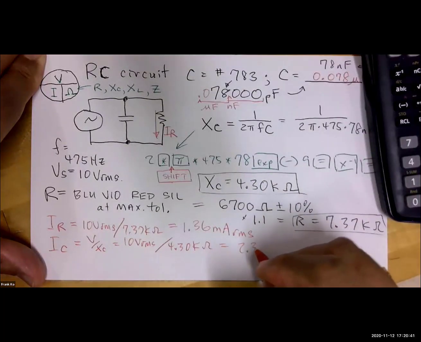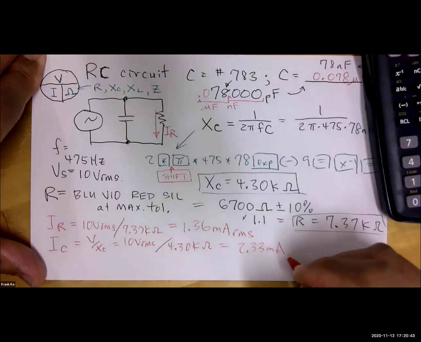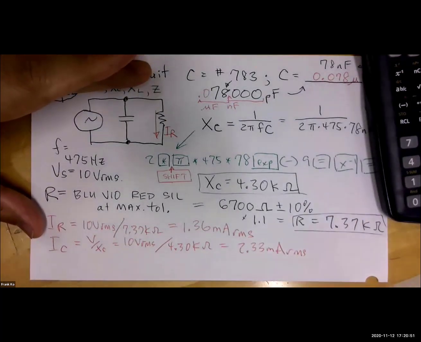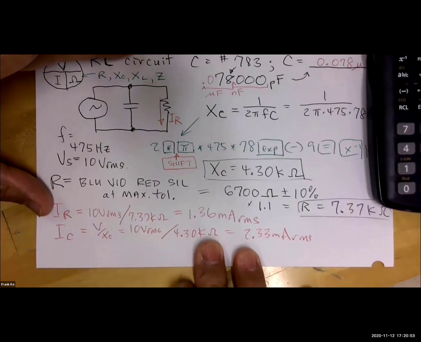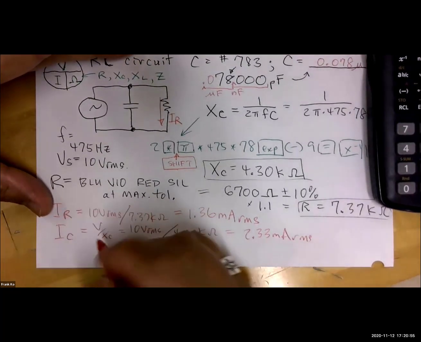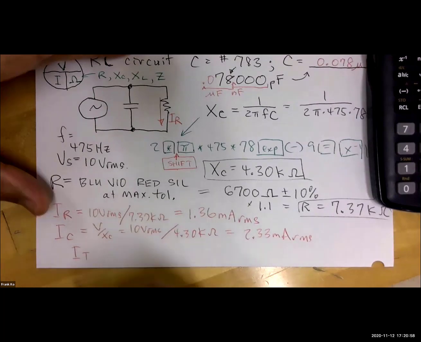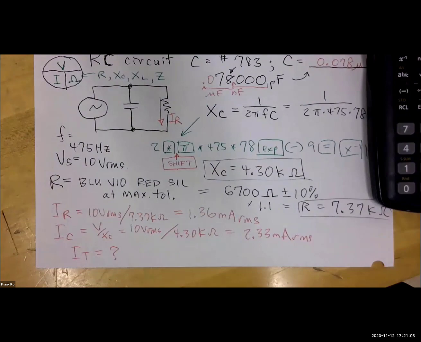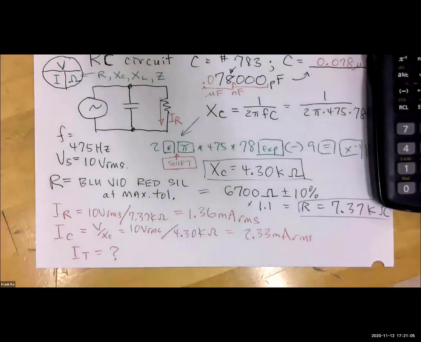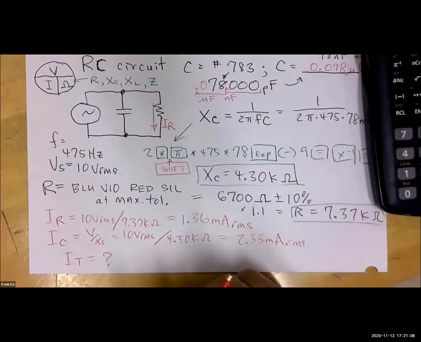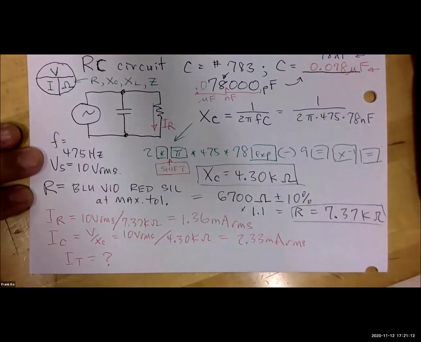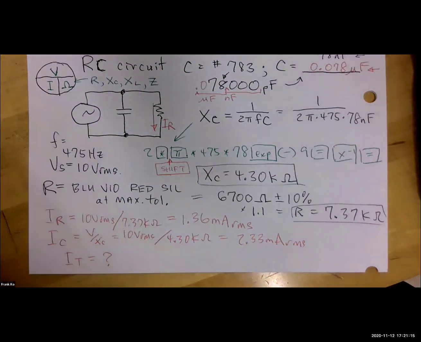So 2.33 milliamps RMS. So far, so good. Now, based on this, do we have enough information to calculate I total? This is what I haven't shown you yet, how to calculate I total for a parallel RC circuit. But let's see if someone can noodle this out. Mr. Weiji, do you think you can figure this out for us?